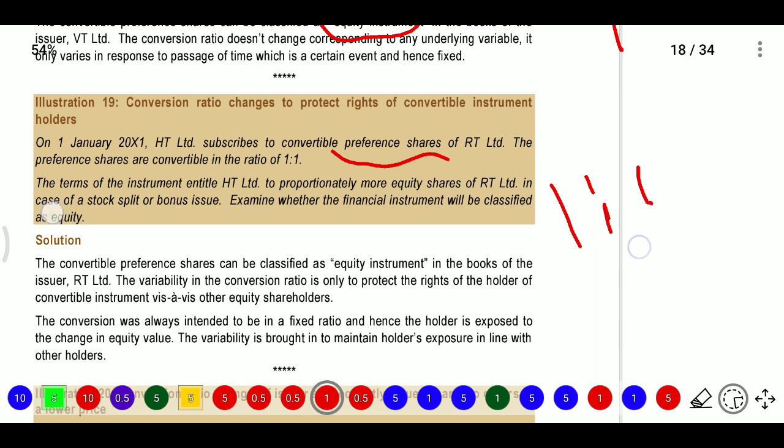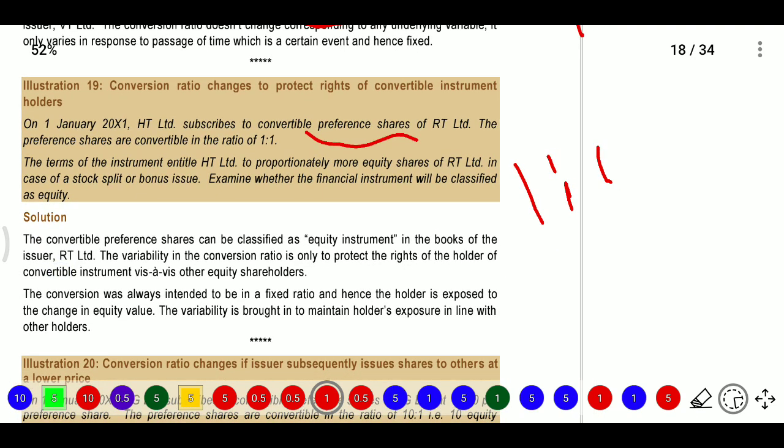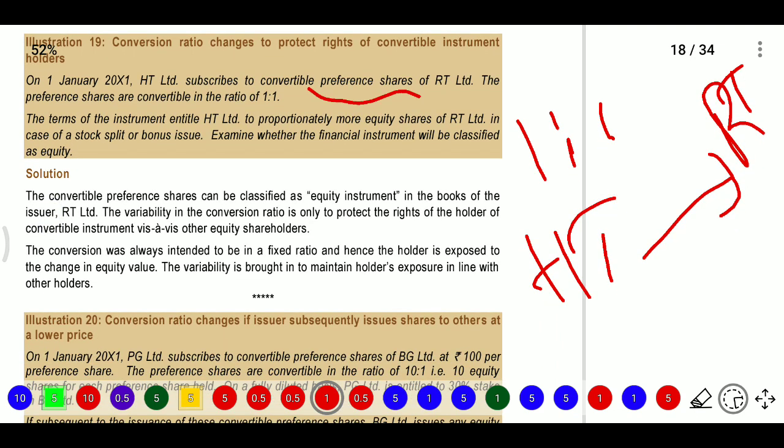The terms of the instrument entitle HT Limited to proportionately more equity shares of RT Limited in case of a stock split or bonus issue. Here the convertible preference shares will be classified as equity instruments in the books of the issuer. Who is the issuer? RT.